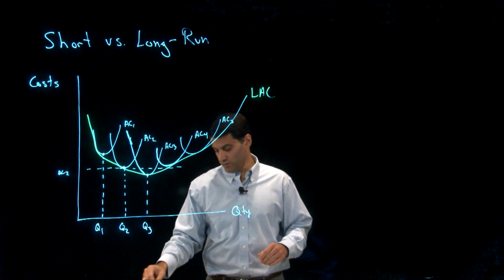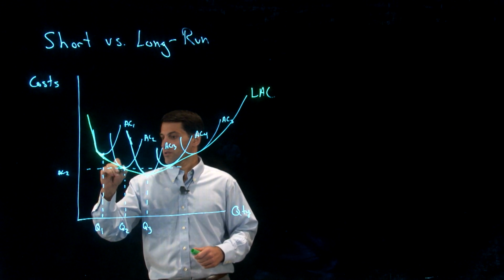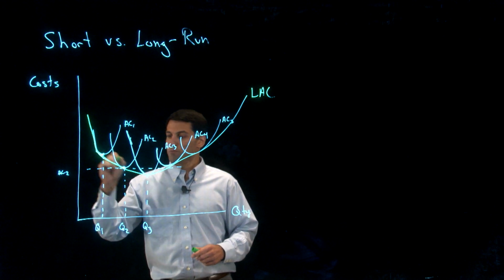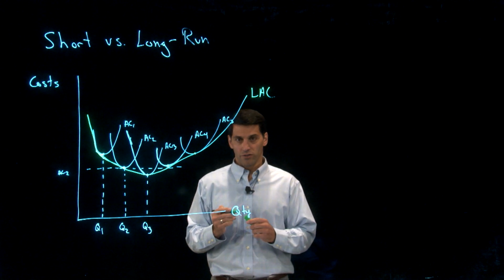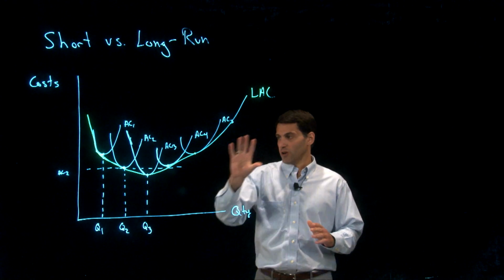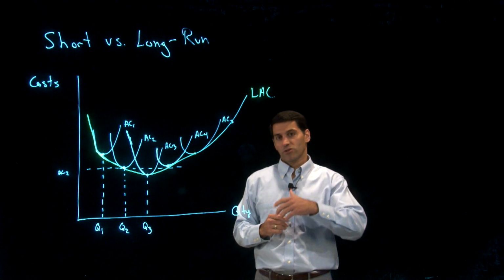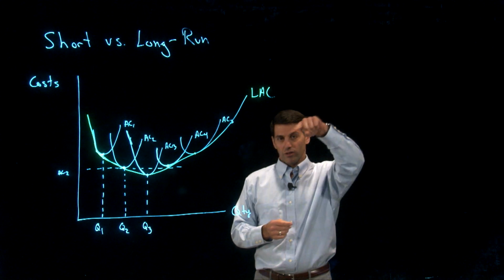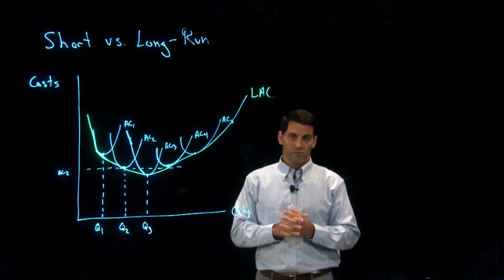I drew them a little bit off in some cases here, but it's running through the minimum points of all of those other average cost curves. That's the way we see this relationship between long run average cost and these short run average cost curves. The long run average cost curve is tracing out the lower envelope of all these short run average cost curves.